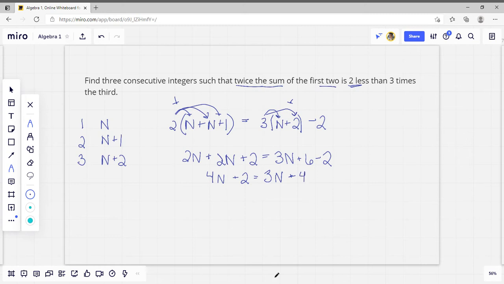Okay, so now I got to get my n's together, so I'm going to subtract 3n right here. And on this side, so at this point we're just solving like a normal algebra problem. Those cancel. We get 1 n left.